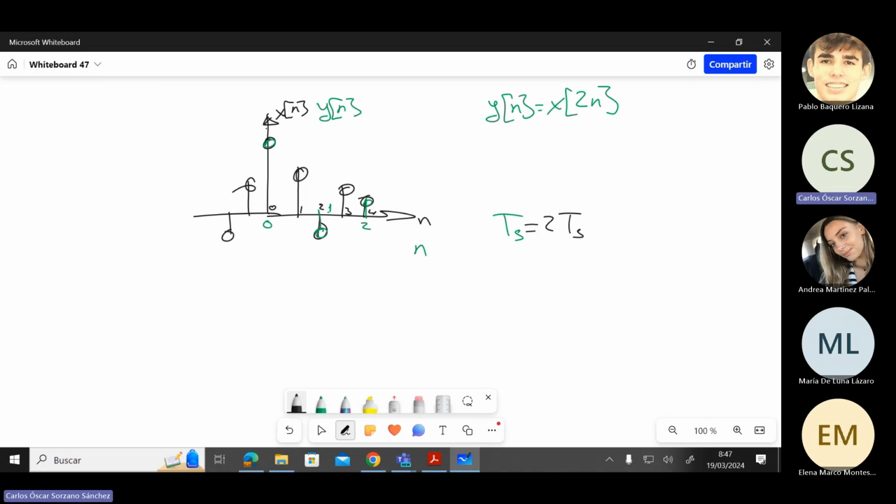And now what we will see is this operation here is called decimation. With decimation here by a factor of 2. So in general, it is like this.